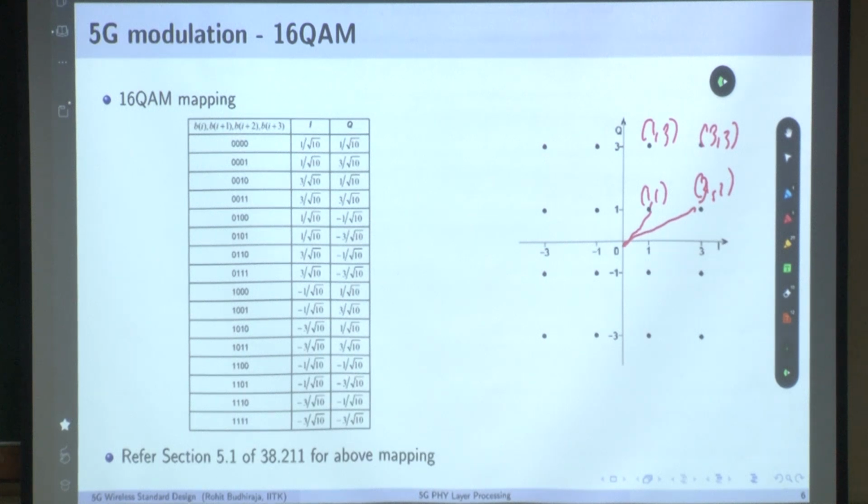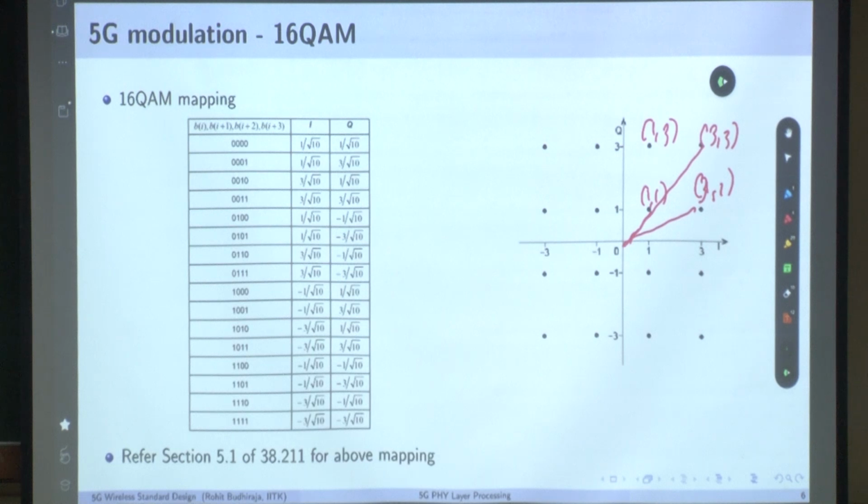This point will have a different energy than this because it is at a different distance from the origin. Similarly, this will have a different energy than these two. By the way, which of them will have the highest energy? This point. If you calculate the energy of all these 16 points, you will see that it is of course not unity.